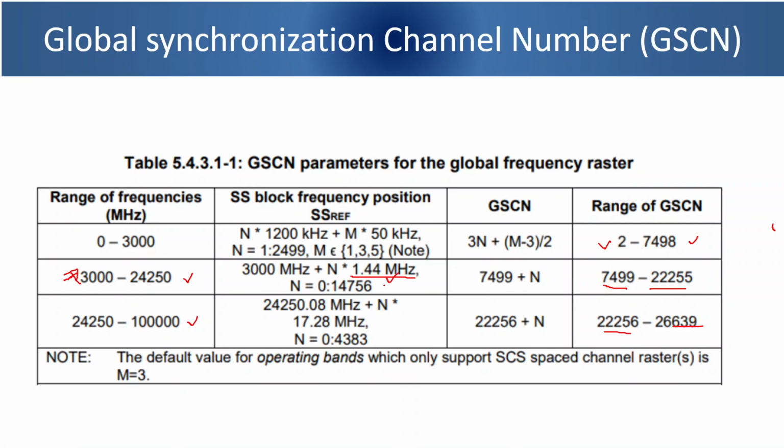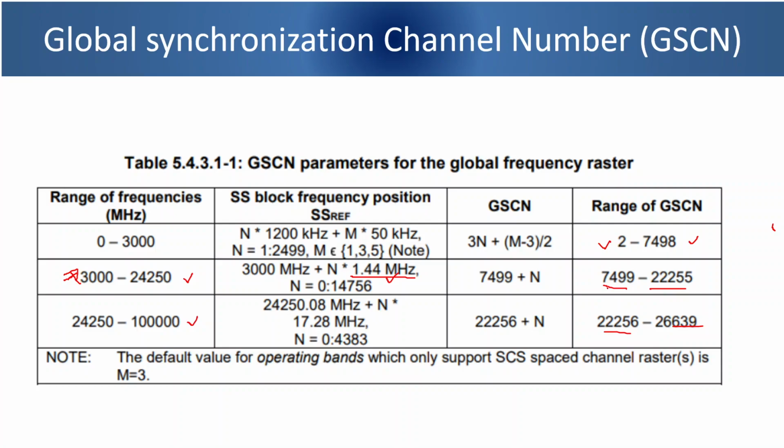So if you calculate absolute frequency, that will be 3000 megahertz plus 1.44 megahertz. So 3001.44 megahertz will be the first synchronization raster reference frequency equivalent to the number 7499.